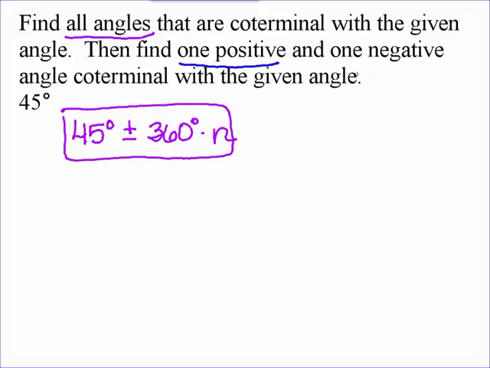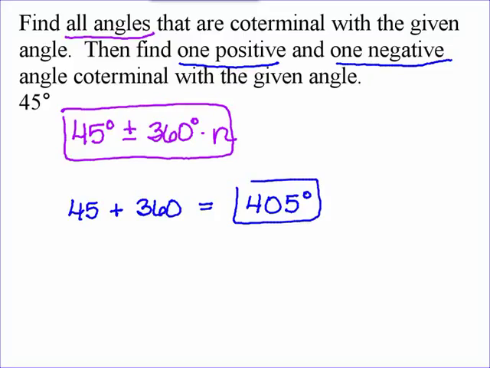So here's the one positive, here's the one negative. So how we do that is I'm just going to take 45 degrees and I'm going to add 360 to that. Now when I do that, I'm going to get an answer of 405, and that's a positive 405 degrees. So there is one positive right away. In order to find the negative, instead of adding 360, I'm going to subtract 360. And if you notice, when I subtract those two, I get a negative 315. So there's my one positive, there's my one negative.